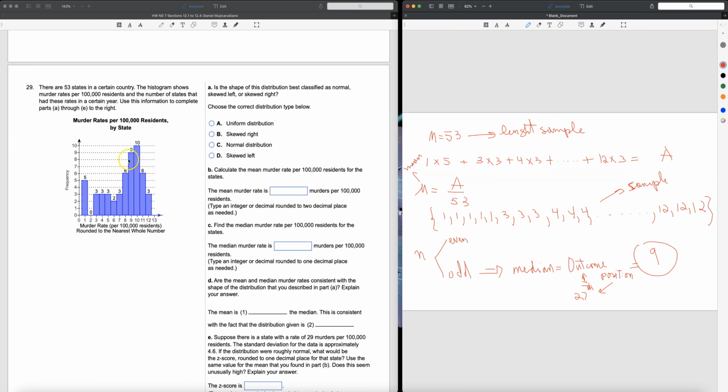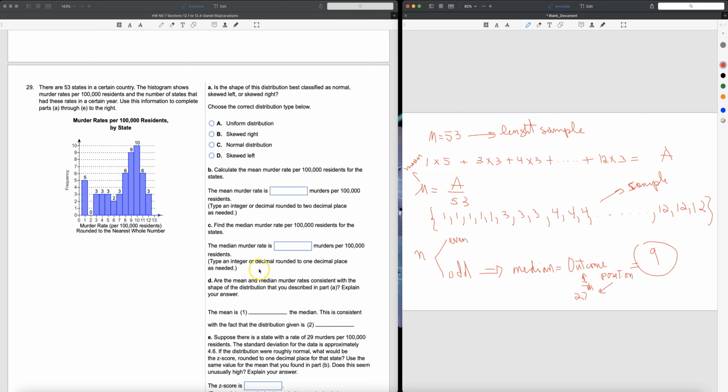I haven't made the computation of the mean, but if you did, most likely the mean is going to be influenced by these numbers that are to the left. So most likely the mean is going to be lower than the median, okay?